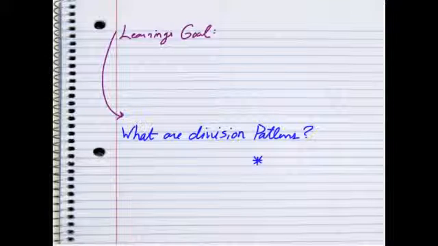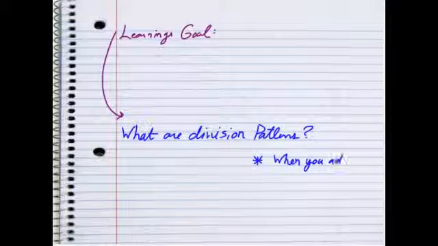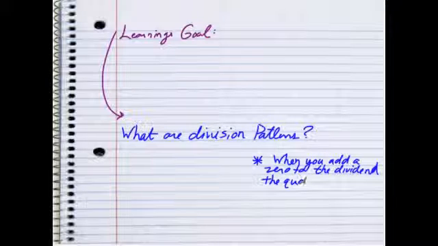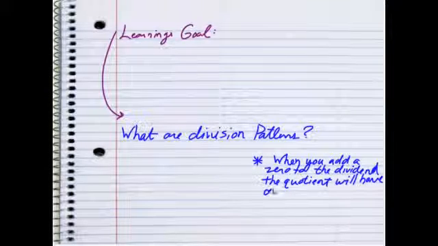So let's write that down. Quotient will have one more 0. And you may be a bit confused, but let's look at some examples and hopefully that will help.